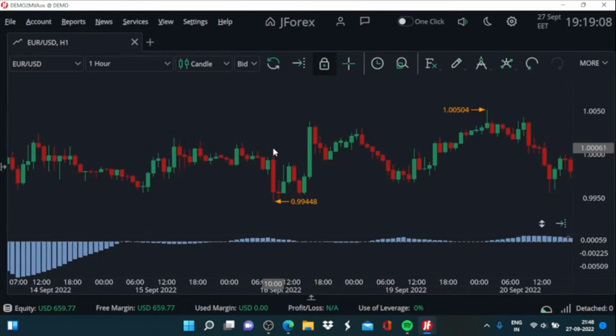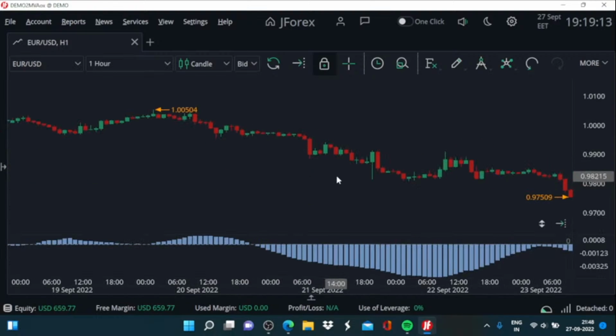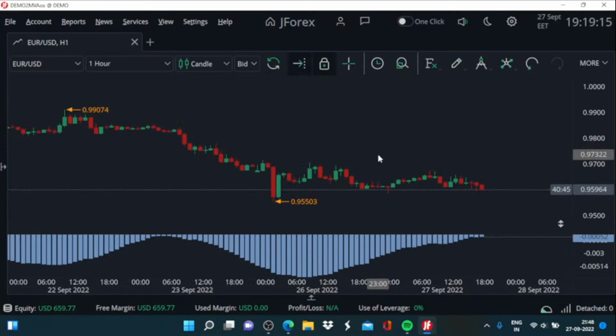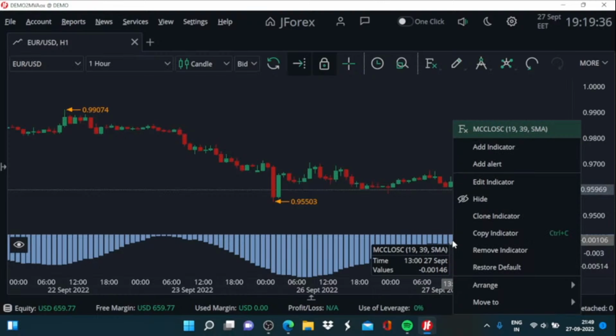In EMA, we give more weightage to the recent price move, as its name suggests, and in SMA, we simply take the simple moving average for all of the candles included in the calculation period. So it is not going to give more weight to the recent price data, and as a result of that, the SMA plotting is going to be more uniform regardless of how sharp the recent price move has been.